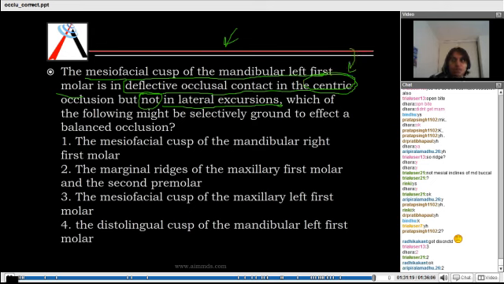We are talking about centric occlusion, isn't it? Mesiofacial cusp, is it a holding cusp, a supporting cusp or a functional cusp? Mandible.